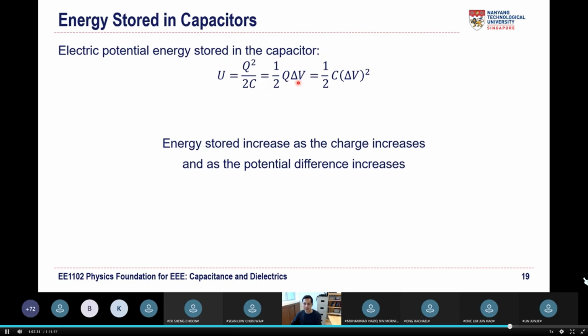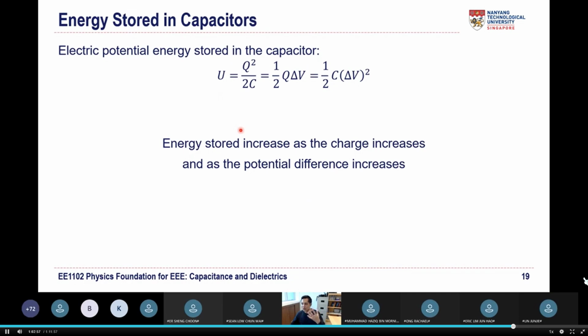And then again, you use Q is equal to C delta V, and you can change this around again. So these three equations are equivalent equations to calculate the electric potential energy that is stored in the capacitor.